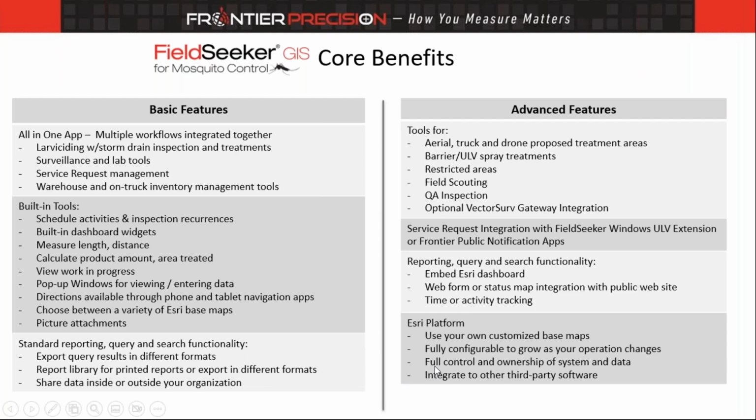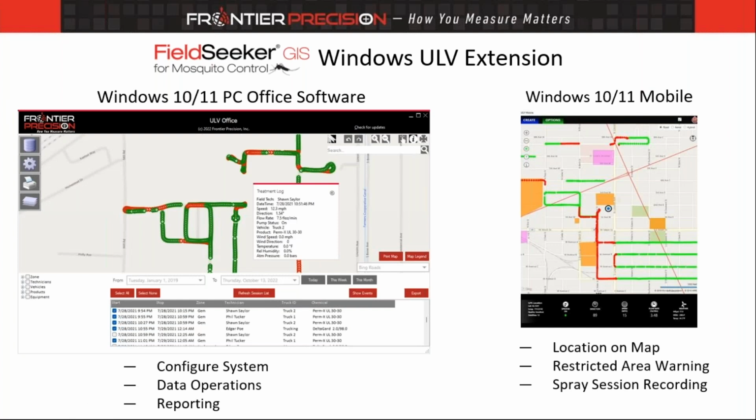And since it is based on the Esri platform, you have full control and ownership of the system and the data. And it gives us a way to integrate to other third-party software, like maybe CityWorks, which is an asset management software, so any of those asset management softwares or other third-party softwares.